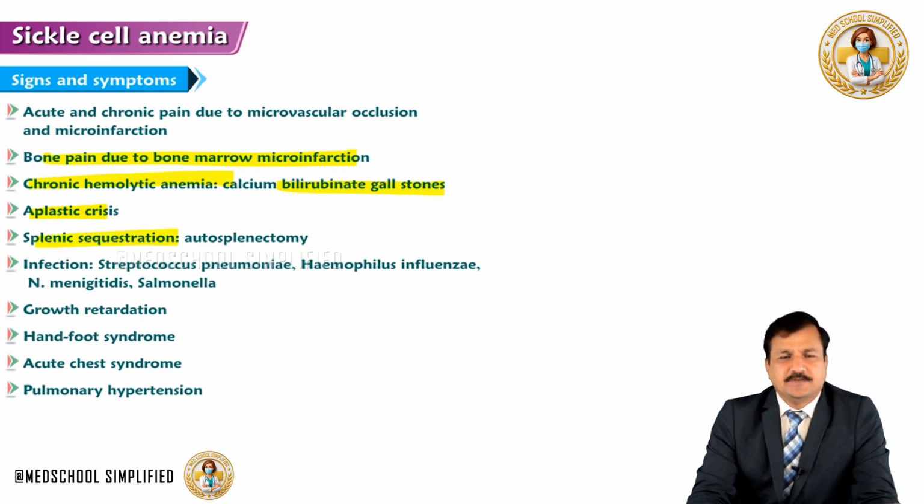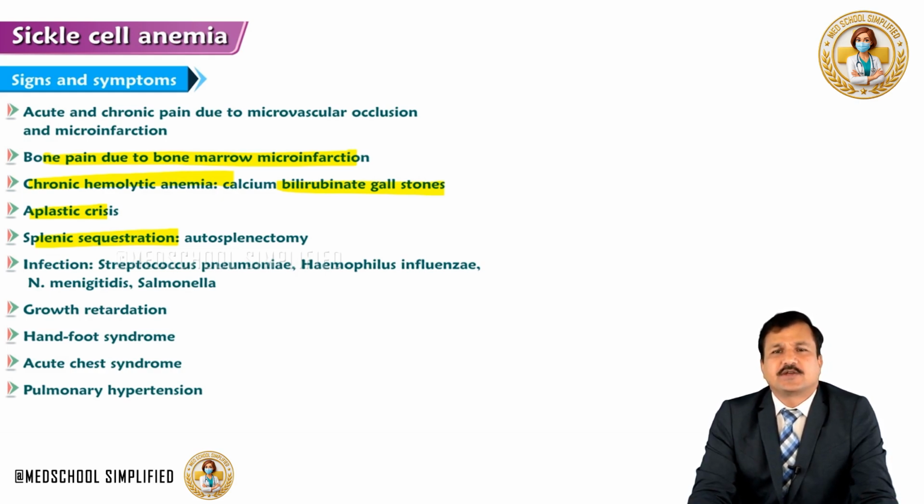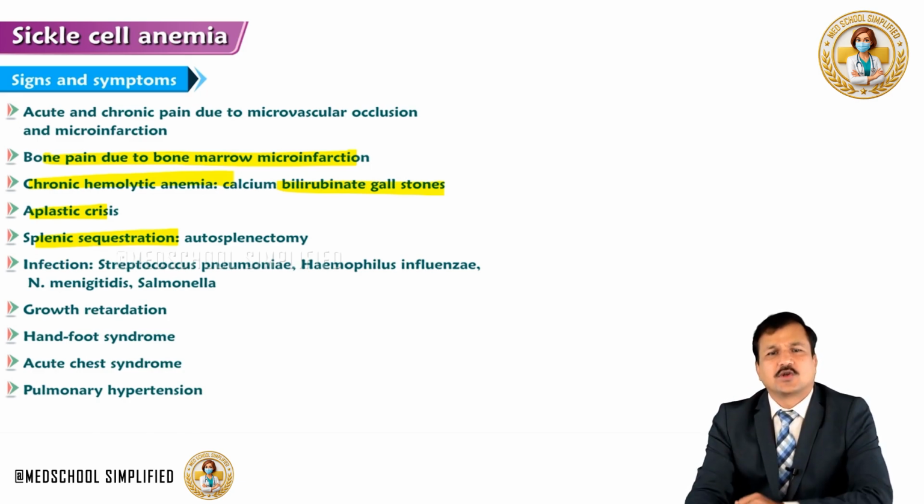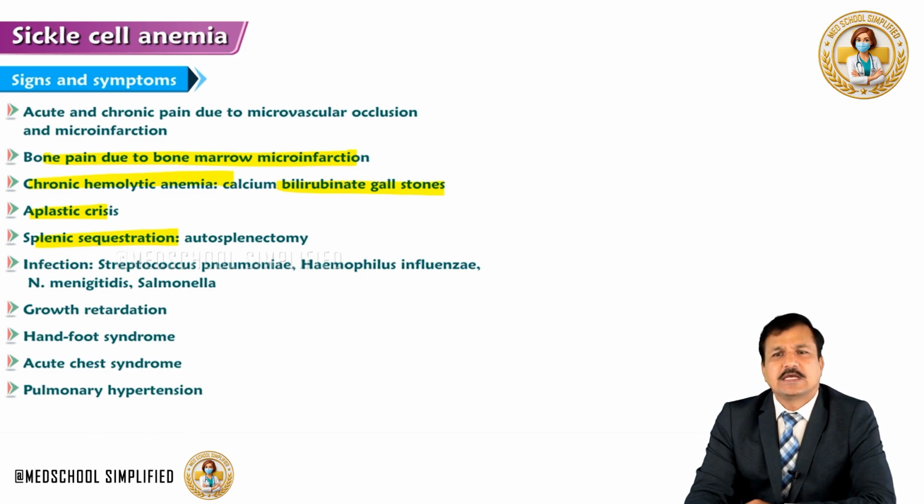Splenic sequestration is seen in sickle cell anemia. It is because the spleen is congested with trapped red blood cells which are sickle shaped, and which flow slowly in the splenic sinuses and also in the reticuloendothelial system.